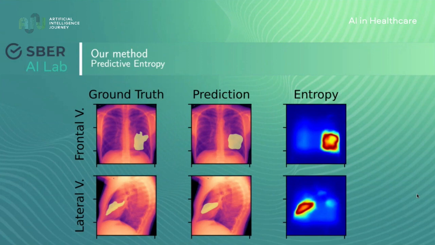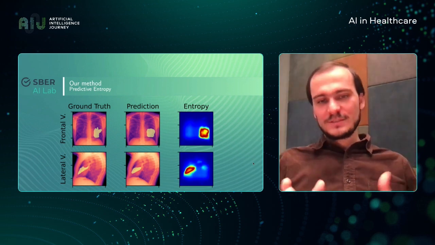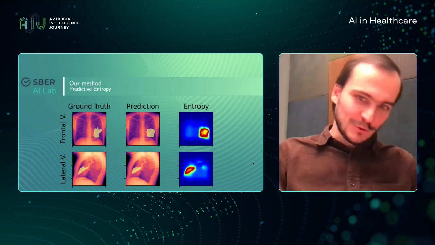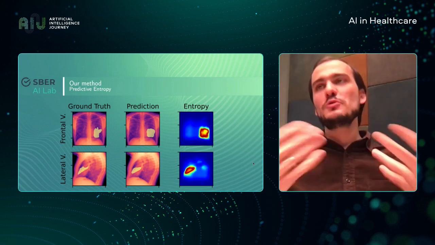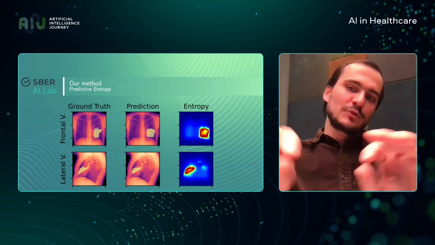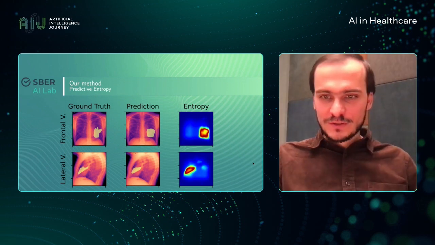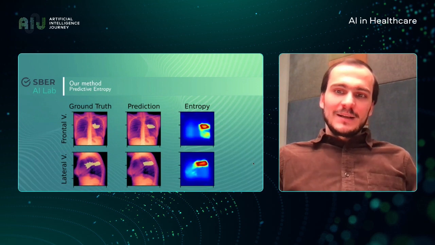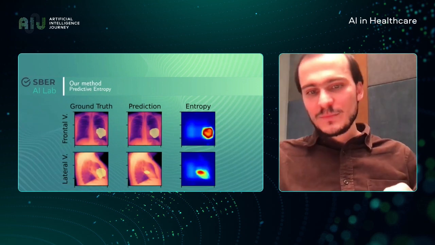Sometimes it so happens that the uncertainty might peak at the border of the segmented area, and in cases when the model predicts areas that look similar to those segmented by doctors, we will have this level of uncertainty, maximum at the border and smaller uncertainty inside the predicted area.